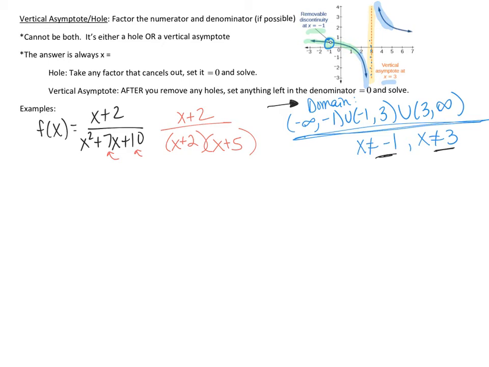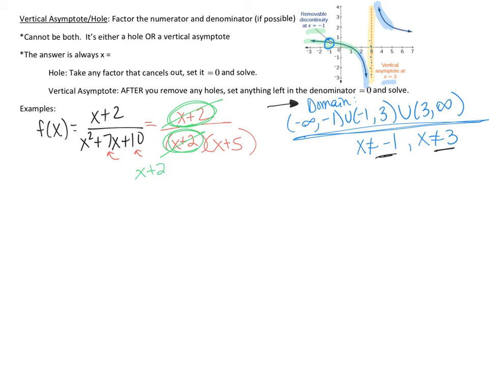So now that we have factored, we want to compare the numerator and the denominator. As I look at them, I notice that they share a factor. They have a common factor. So I want to remove that factor that they share. Well, that sounds familiar.